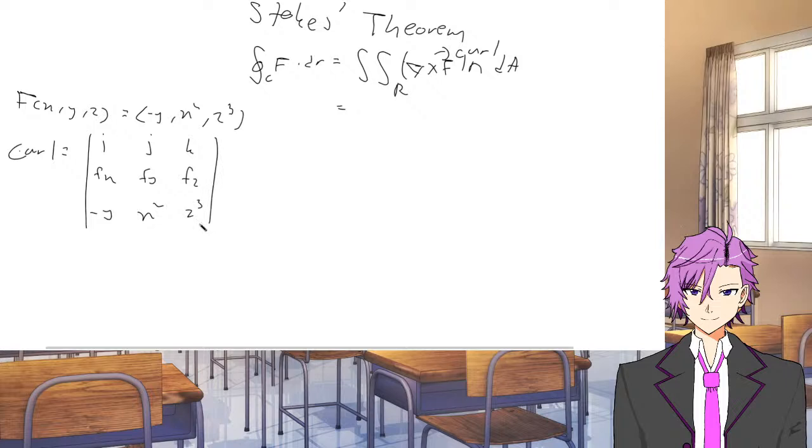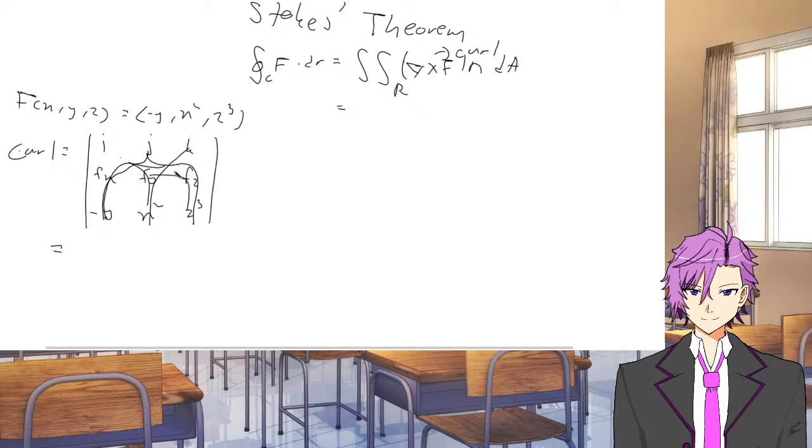So we have evaluated this in a matrix form. So cross product is in a matrix form. So I'm not going to go through that. Just remember we need to do the curl.